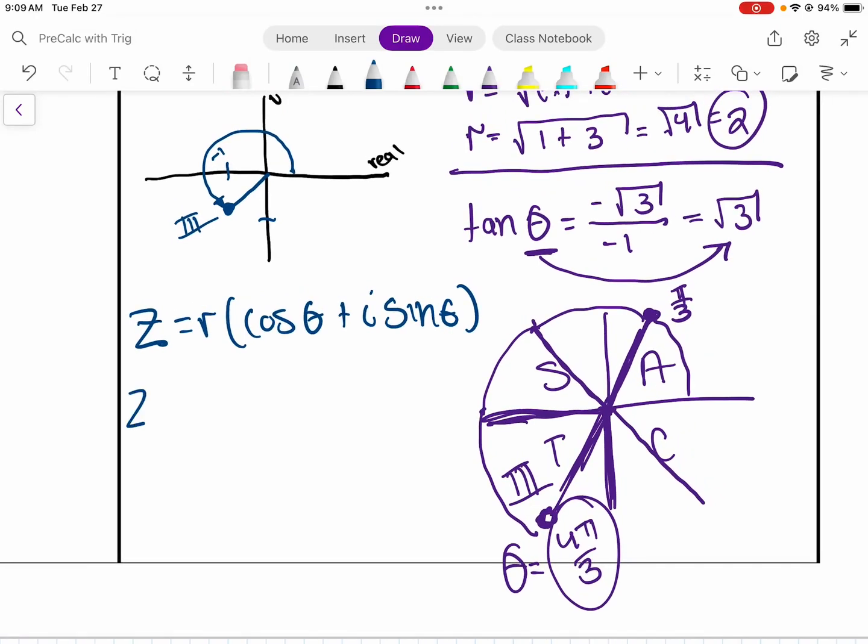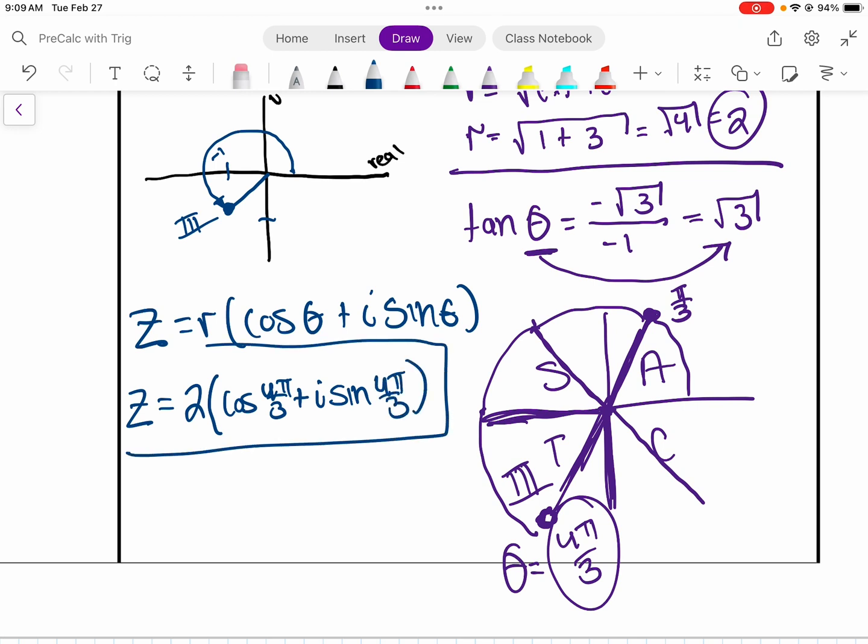So z equals r, which we know is 2, times cosine of theta, which we know is 4 pi over 3, plus i times sine of 4 pi over 3. And then that should be your answer.